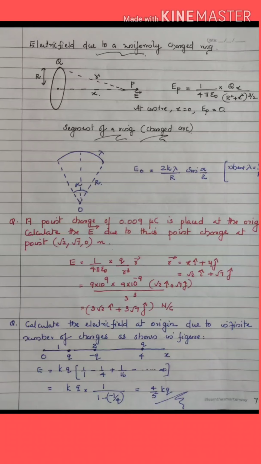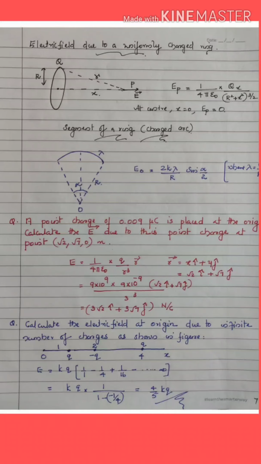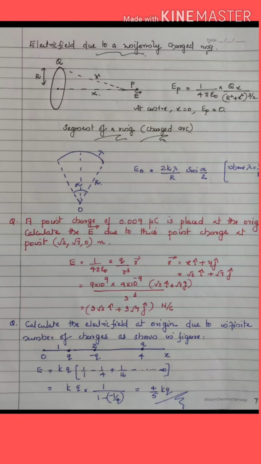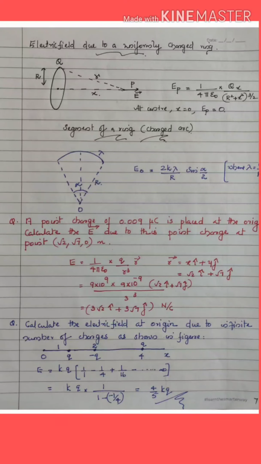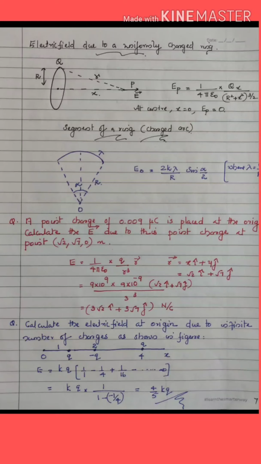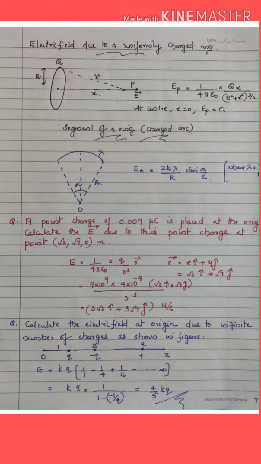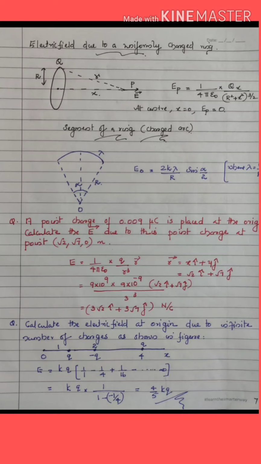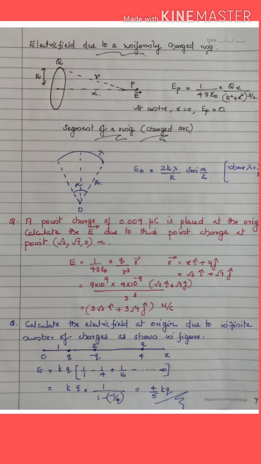So we have to take the equal same quantities outside, kq into 1 minus 1 by 2 square plus 1 by 4 square minus etc. So it is a recurring term of minus 1 by 4. So you get the answer. A good concept, keep in mind. So here we take it as a geometrical progression. The sum is 1 by 1 minus the recurring term.